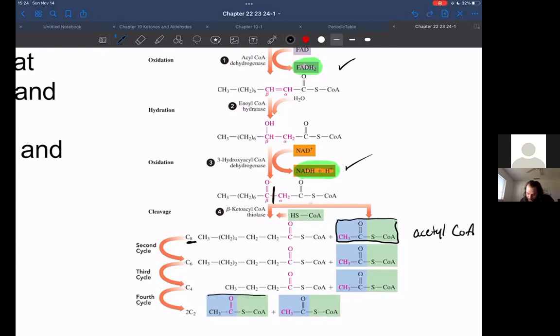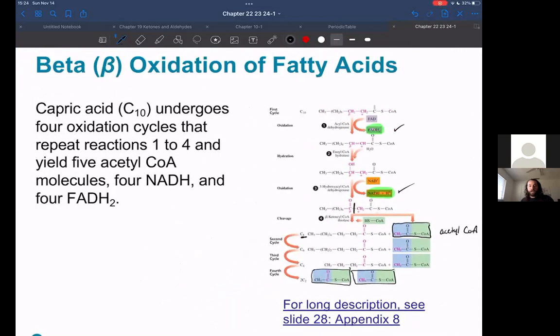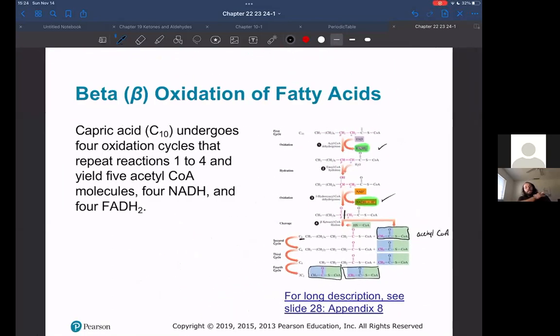At the end, the last step, you're left with 2 acetyl-CoAs. Okay, so this is for a particular fatty acid that contains 10 carbons. That means that there's going to be 5 2-carbon chunks.